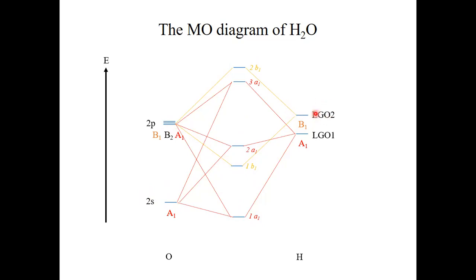Therefore, it is more likely that the 1b1 has a higher energy than the 1a1, but without an exact calculation, you could not unambiguously prove this. So this is a limitation of the qualitative construction of molecular orbital diagrams.